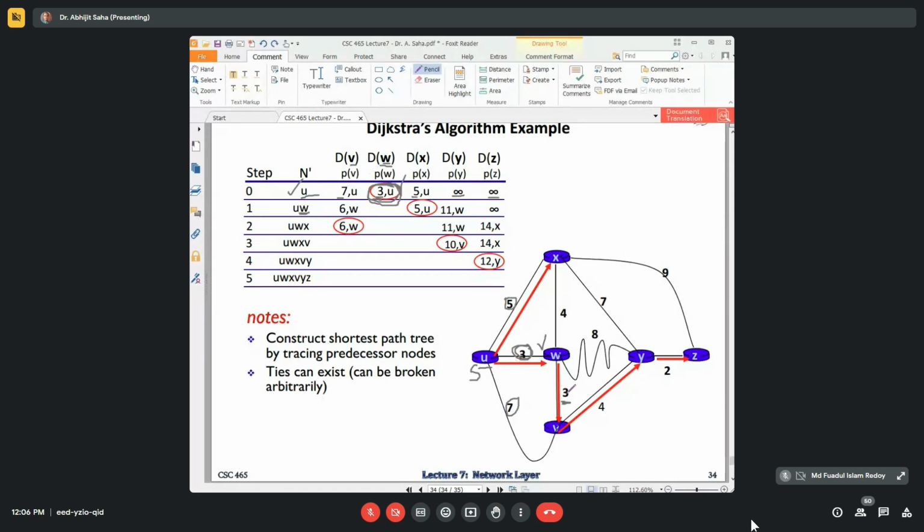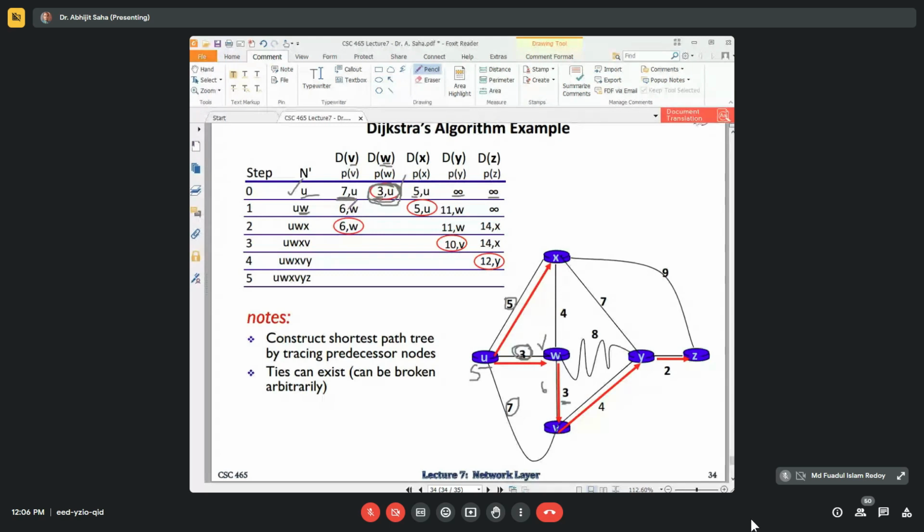Right. So now if you're coming W to V, then it is 3 plus 3. You are having 3 here, and the link cost is 3, so 3 plus 3 is 6. That is less than the value you're having here. Earlier you found U to V is 7, and now you got 6.